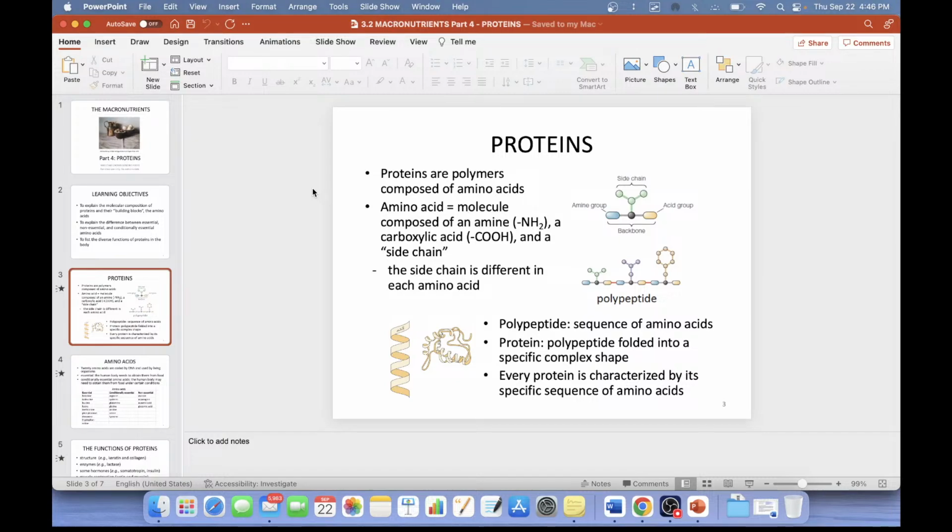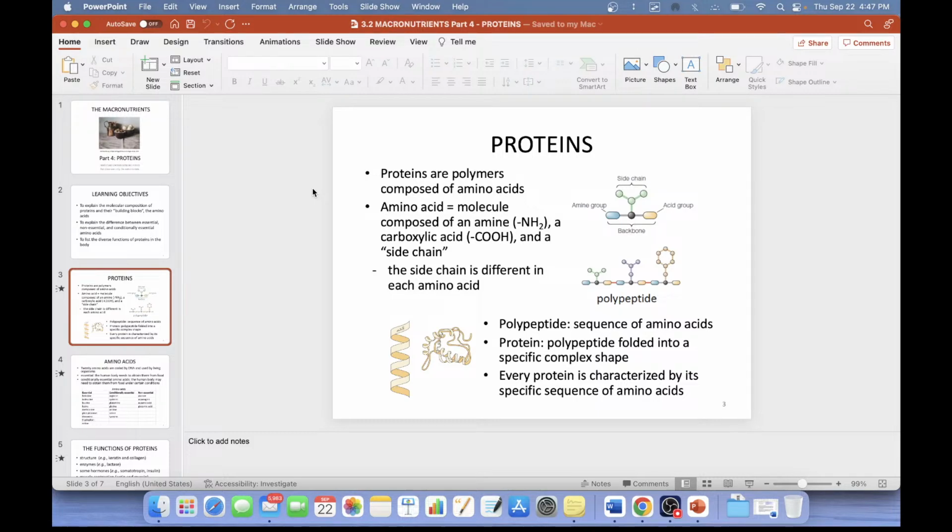They're called polypeptides because the bonds that join the acid group of one amino acid with the amine group of the other amino acid are called peptide bonds. So a chain of amino acids is called a polypeptide. And each polypeptide is distinguished by its different sequence of amino acids. What determines the sequence of amino acids in a protein is the DNA, the genetic code of the DNA.